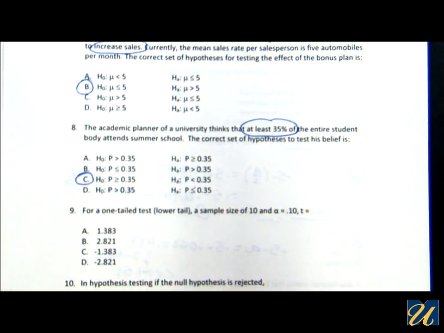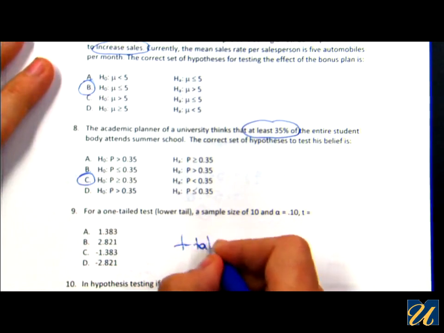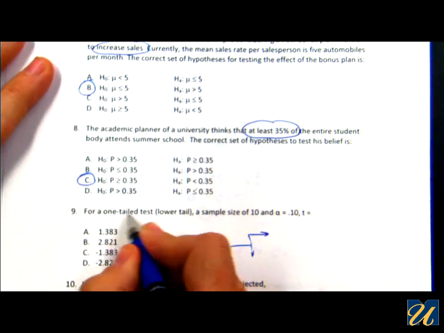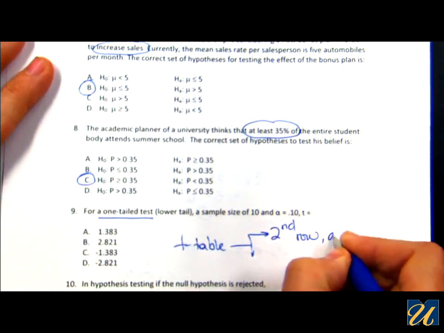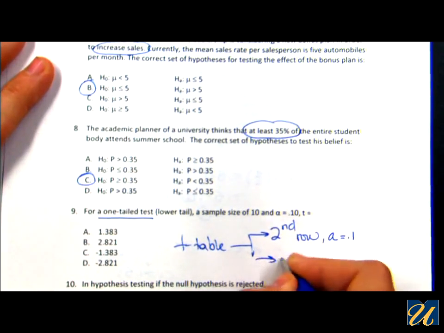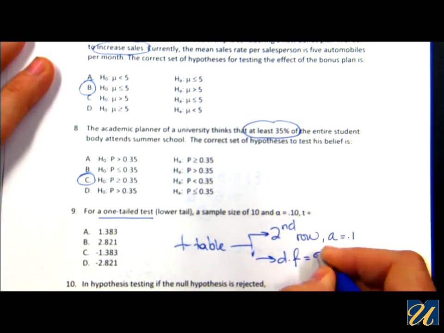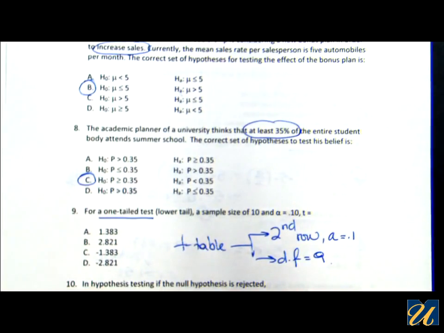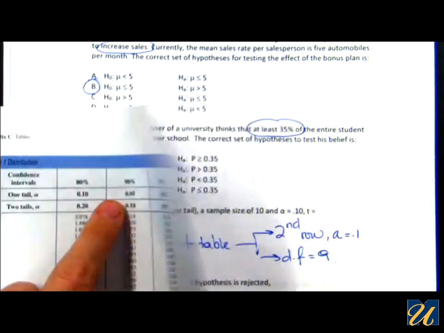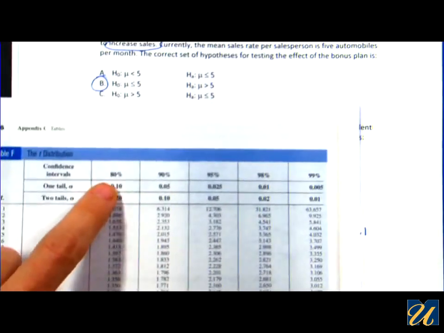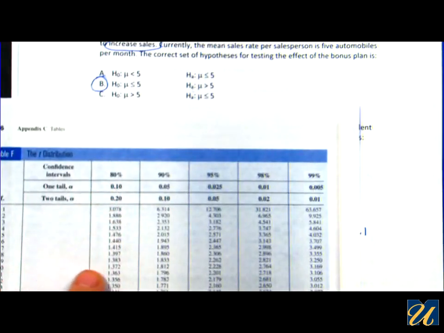For a one-tailed test, lower tail, a sample size of 10, and alpha equal to 0.1, the t-value will be what? You will go to the t-table. We have a one-tailed test, that means second row, alpha is 0.1 right here, and degrees of freedom 9, so you scroll down to 9.